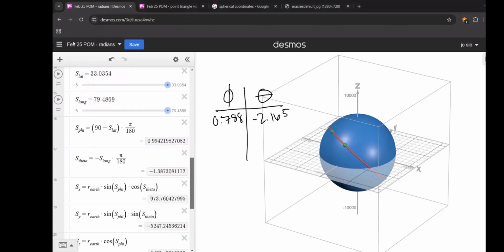In South Carolina, I had a value for phi of about 0.994 and a value for theta of about negative 1.387.